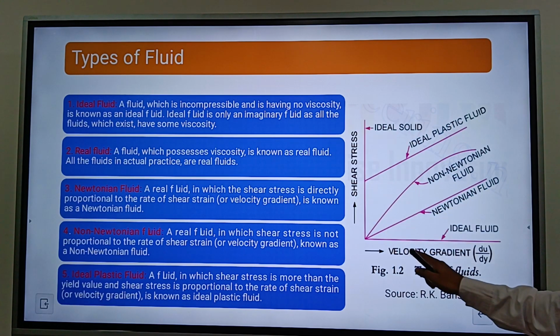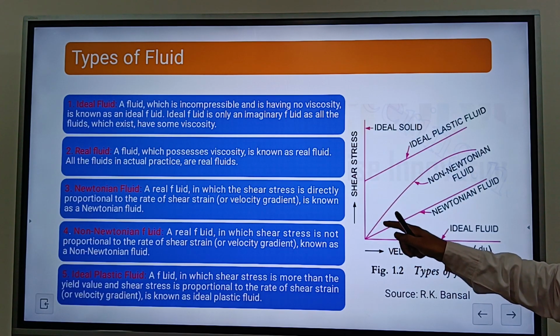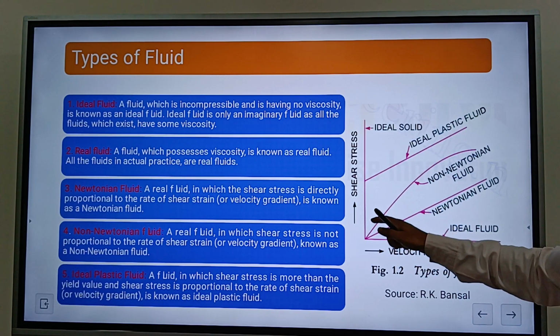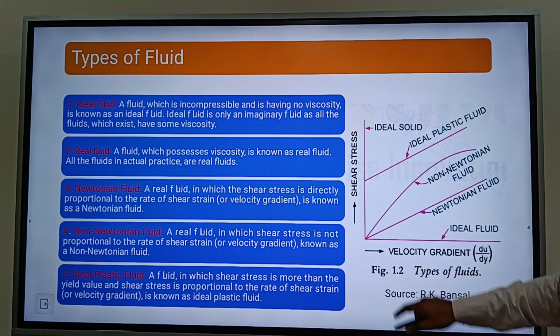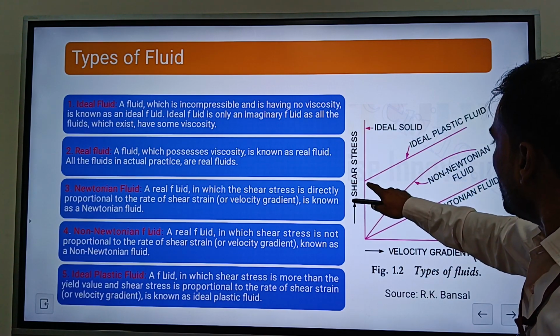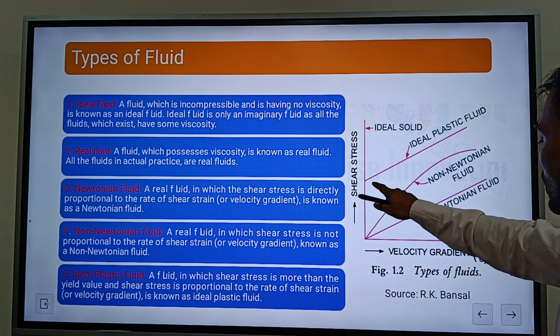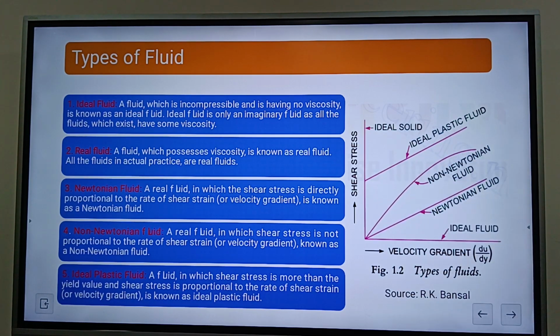When the velocity gradient value is 0, the ideal plastic fluid has some value. This value is the yield point. After this point, the ideal plastic fluid varies with linear behavior.